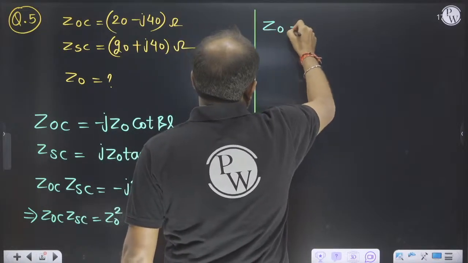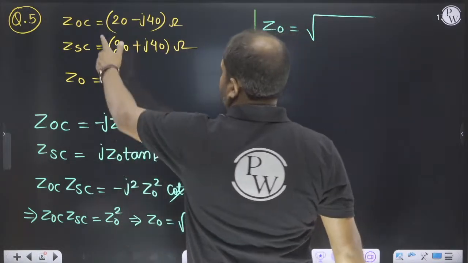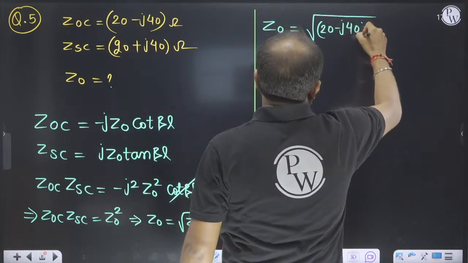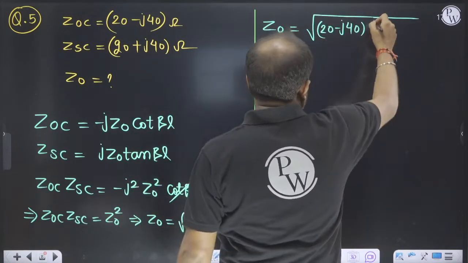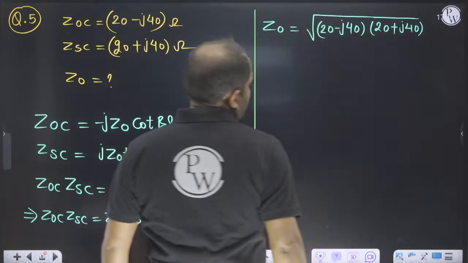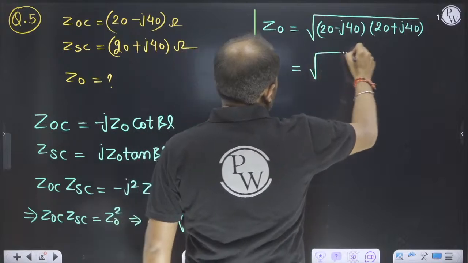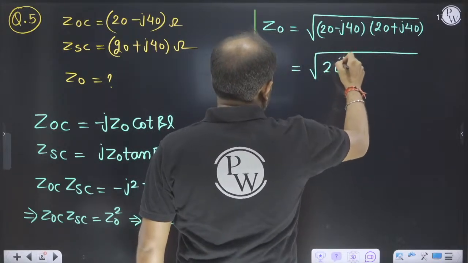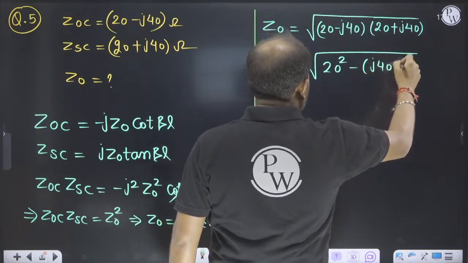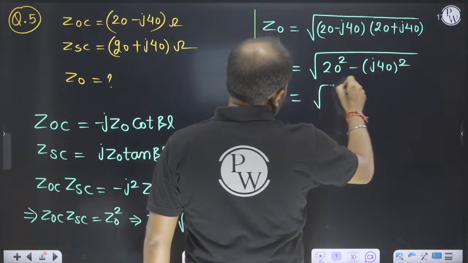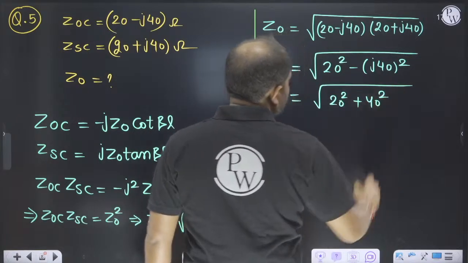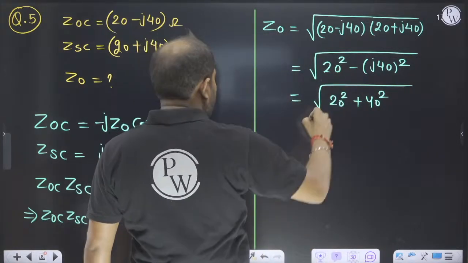ZOC is how much? ZOC is 20 minus j40, and ZSC is 20 plus j40. So (A plus B) into (A minus B) is A squared minus B squared: 20 squared minus (j40) squared. That means it will be 20 squared plus 40 squared, because j squared is minus 1, minus minus plus.